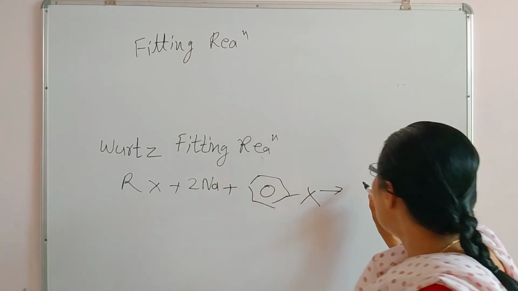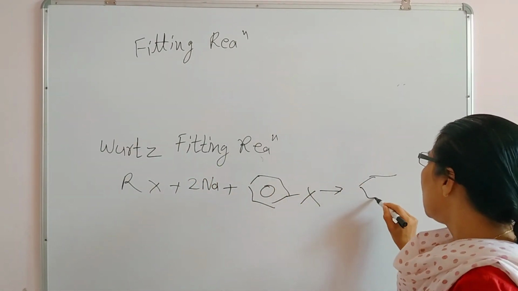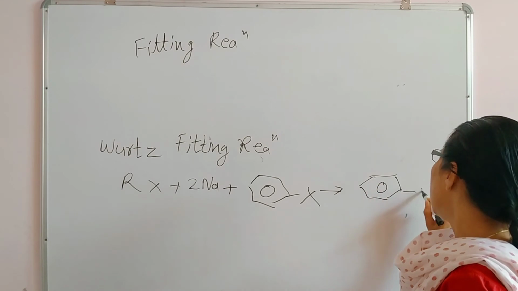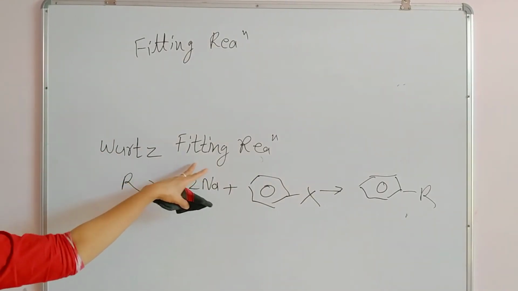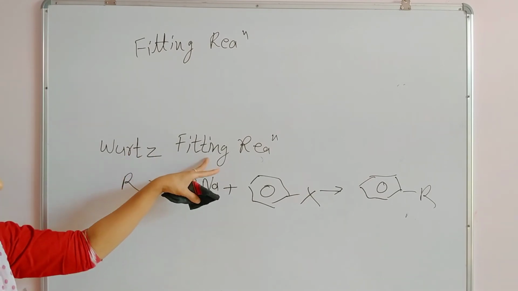NaX will remove and to the ring you will get R. The scientist Fittig also worked on it so the name Wurtz-Fittig reaction.